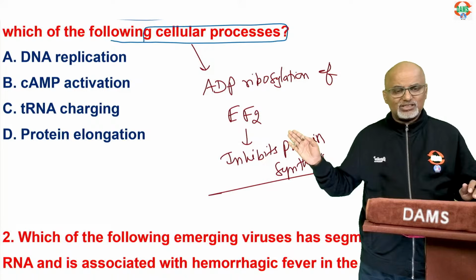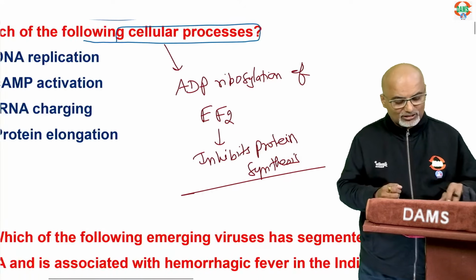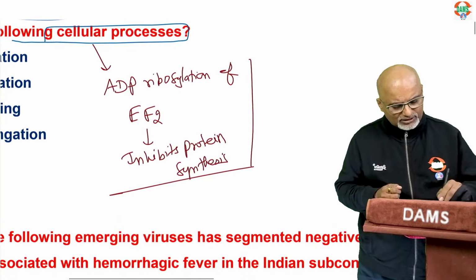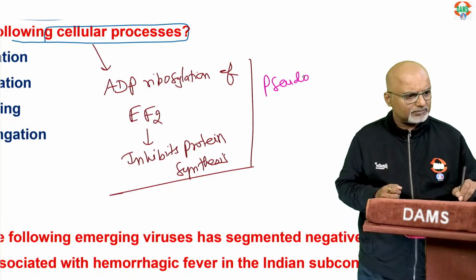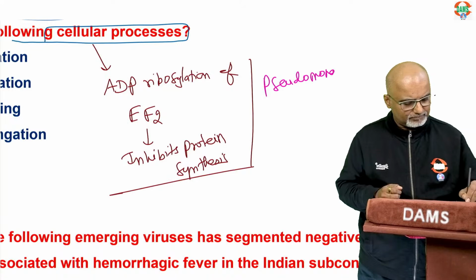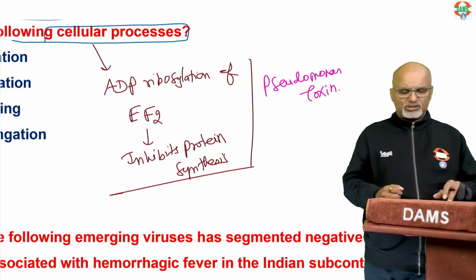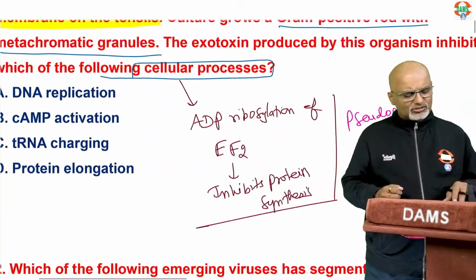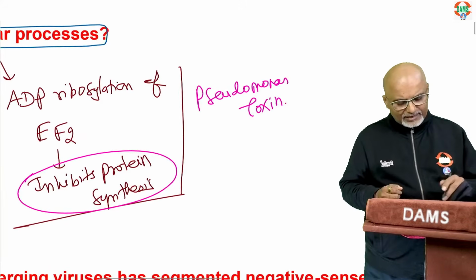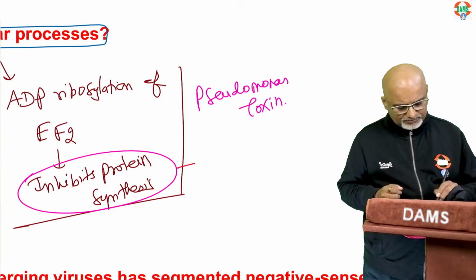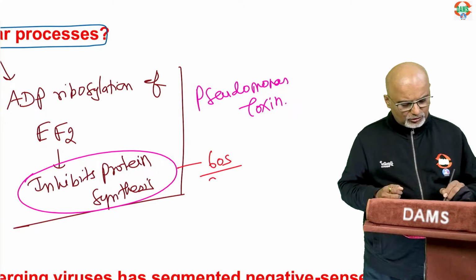Not only this toxin, one more toxin also. What is the toxin? Pseudomonas toxin. Learn a few points. Another toxin is Pseudomonas toxin. Does any other toxin inhibit protein synthesis? Another mechanism is acting on the 60S or 28S ribosome, because what is the function of the ribosome? Protein synthesis.